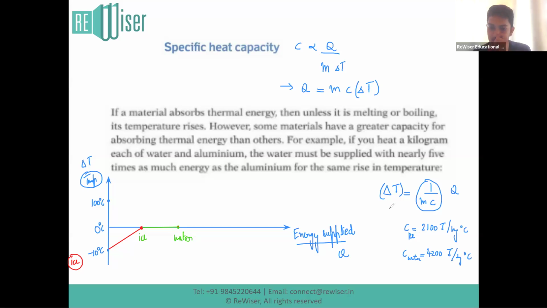This means the increase in temperature for water from 0 to 100 will be much slower, owing to the fact that C is much higher and the slope is 1 by MC. So a higher value of C means a lower value of slope. So here is your mathematical proof of what I'm about to draw and why I'm about to draw it. So the temperature change will be much slower. Please notice, and this stops at 100.